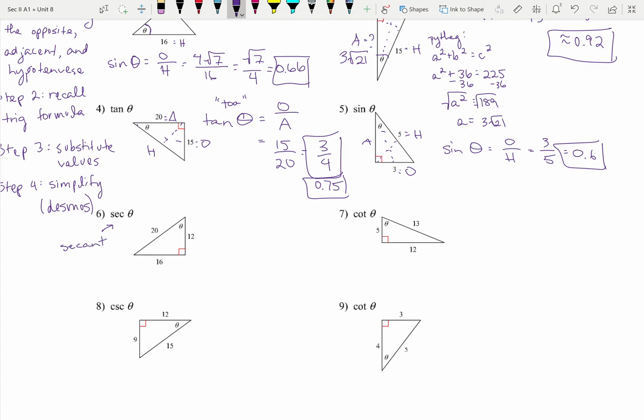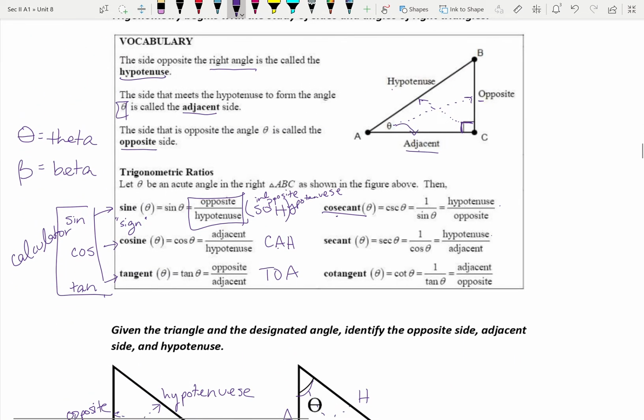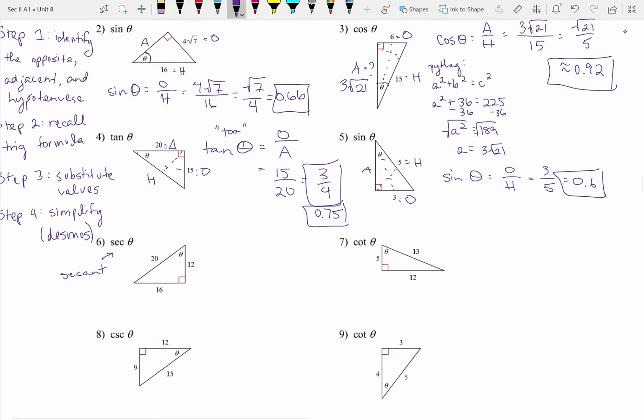If we look back at our trig sheet, and we're going to be referring to this a lot, so star it, memorize it, take a picture of it on your phone so you always have it with you and you don't have to keep scrolling. Secant is the reciprocal of cosine. So cosine is a over h, so secant is h over a. So secant of theta is h over a.